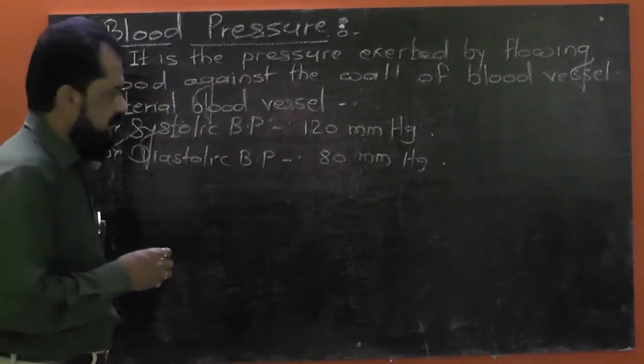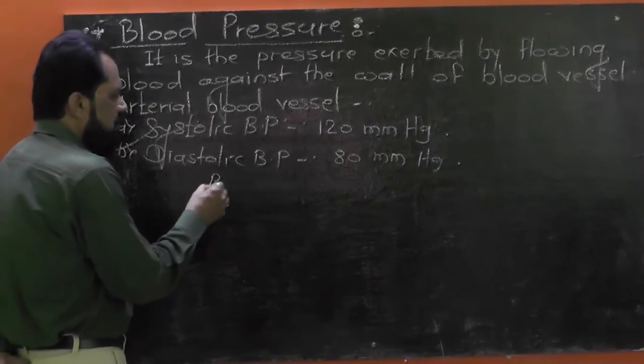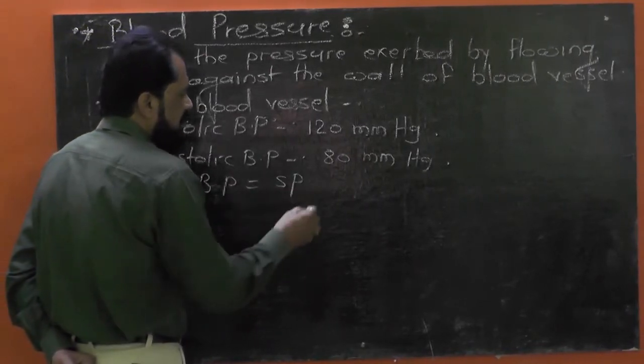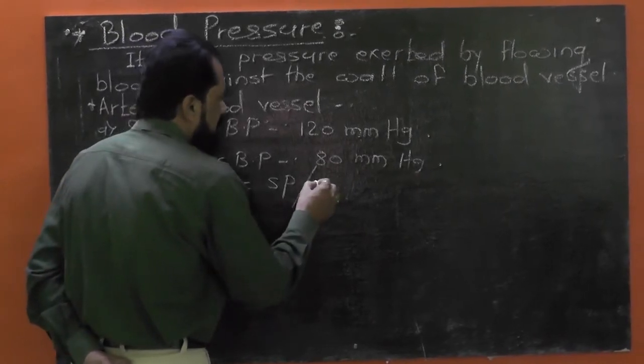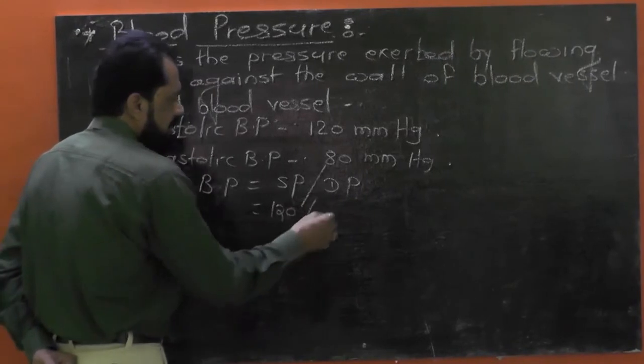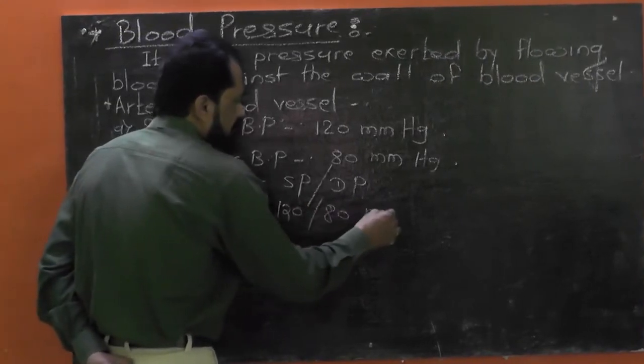And therefore generally the blood pressure is represented as systolic pressure oblique diastolic pressure, that is 120/80 mmHg.